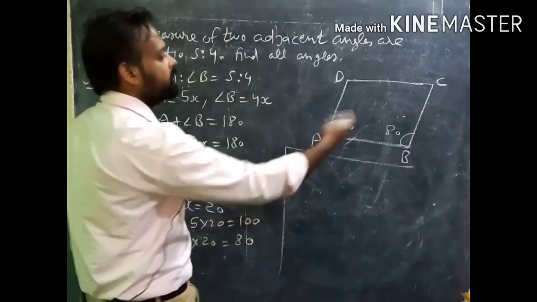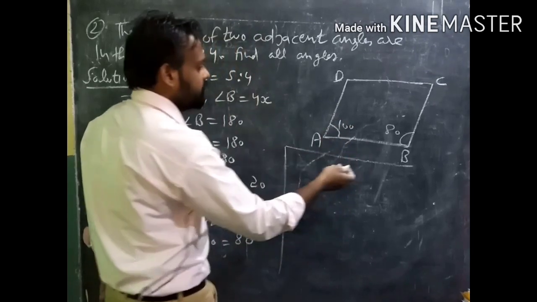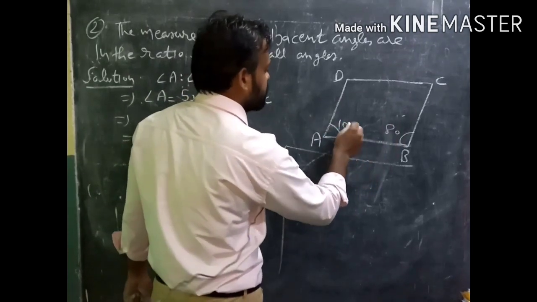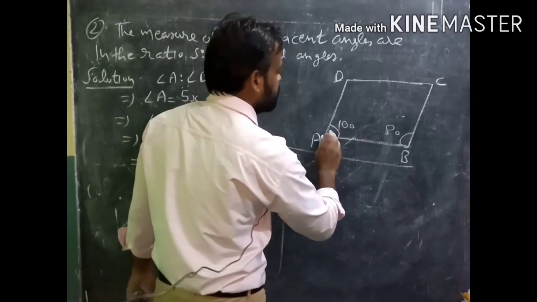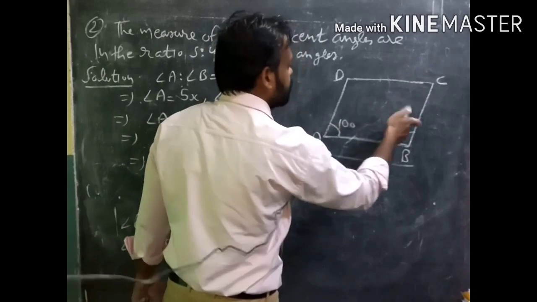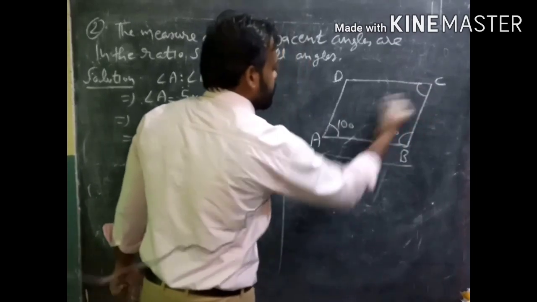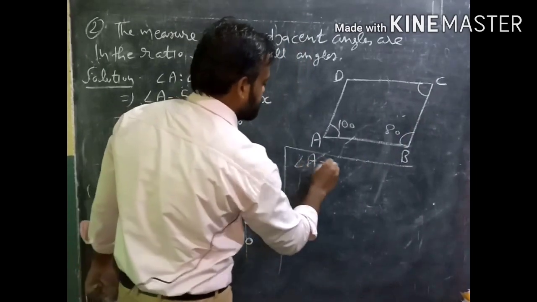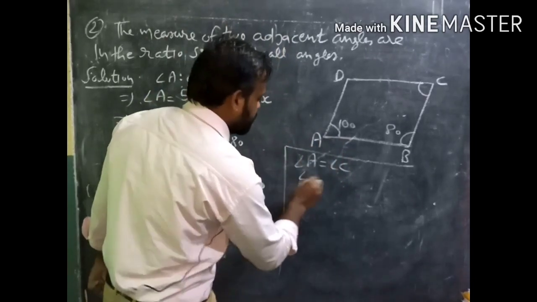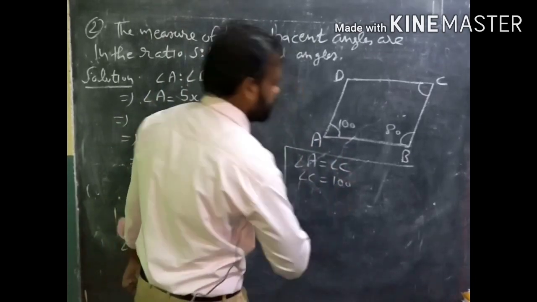Now we have to find the other two angles also. In the case of a parallelogram, as I already explained, we can directly write down angle A is equal to angle C. Why? Because in a parallelogram opposite angles are always equal. Angle A is of 100 degrees, then angle C is also of 100.